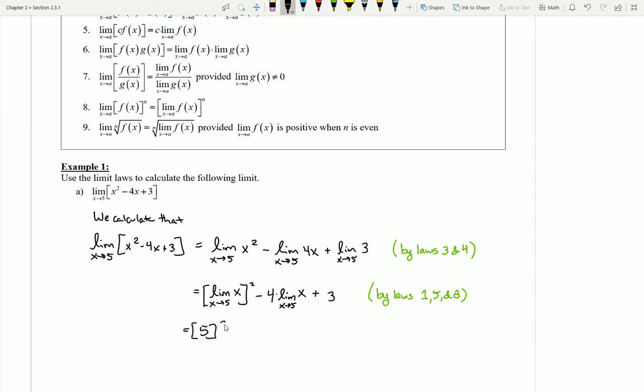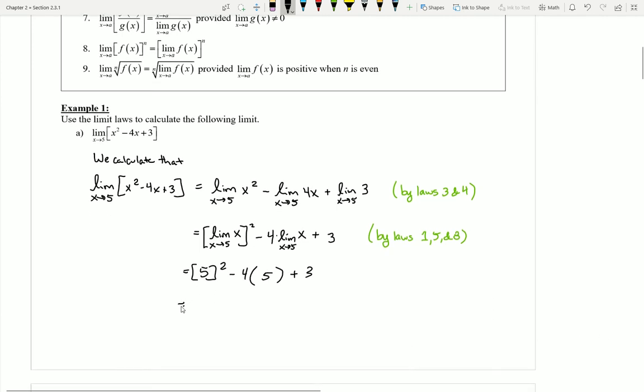Then I have to square the result. This limit is going to get replaced with the value 5. And then I have 3. And now that I'm down to all just numbers, I can figure out exactly what this is. 25 minus 20 plus 3 comes out as a final value of 8. So I'll add one tiny thing here. This is by law number 2.